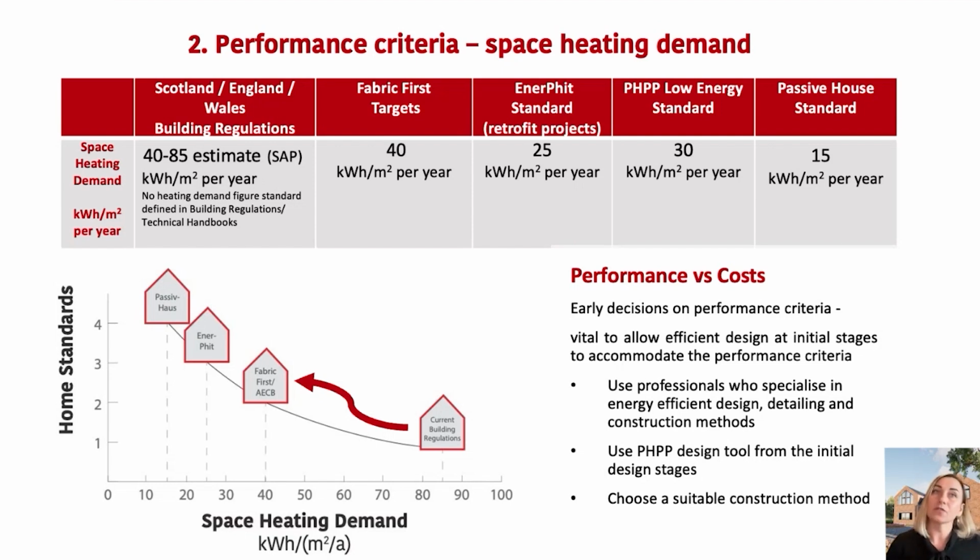In terms of heating demand, the building regulations don't actually prescribe a maximum figure. This is estimated by doing sub-calculations during the process of design of the dwelling. But the estimate in the table on the screen is roughly where the building regulations would land at this moment.